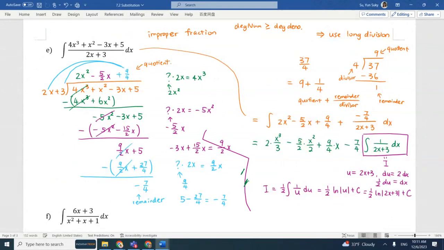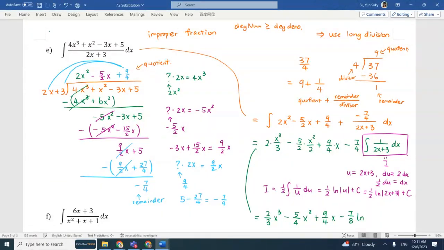Where's my eraser? Okay, here we continue. We get 2 over 3 x cubed, and then minus 5 over, do you see 2 times 2? 4, x squared, plus 9 over 4 x, minus 7 over 4 times 1/2 is minus 7 over 8.